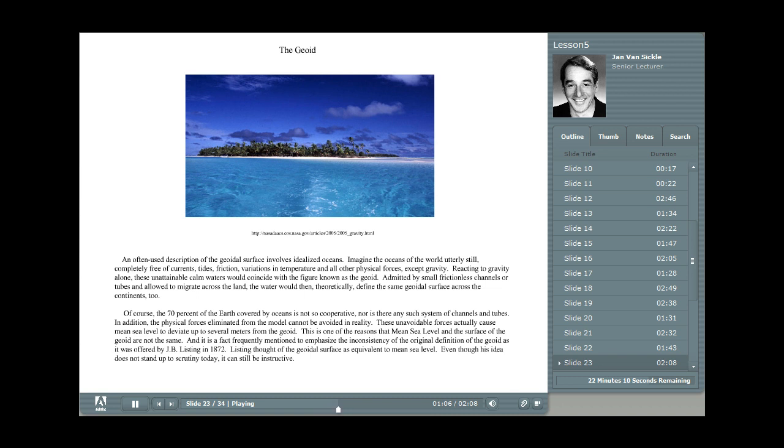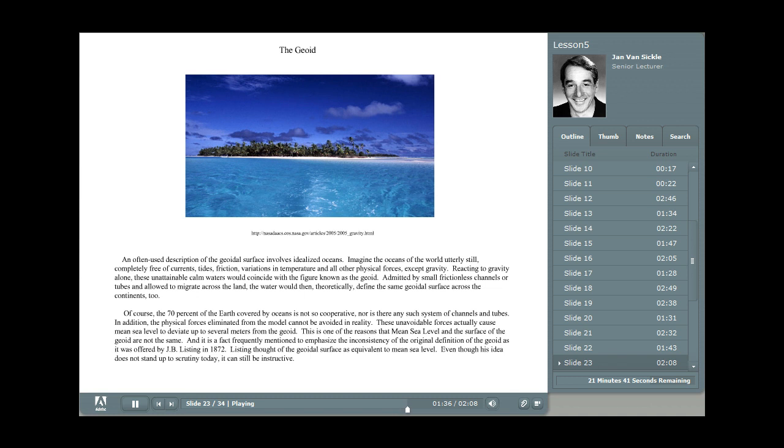So even with tidal monitoring, mean sea level is not an indicator of gravity alone, and that is the concept of the geoid. The geoid is that surface which is affected only by gravity. It is an equipotential surface where the gravity potential is always the same.